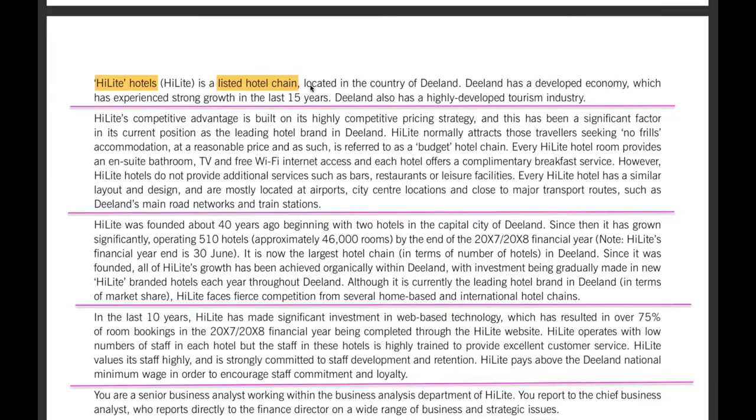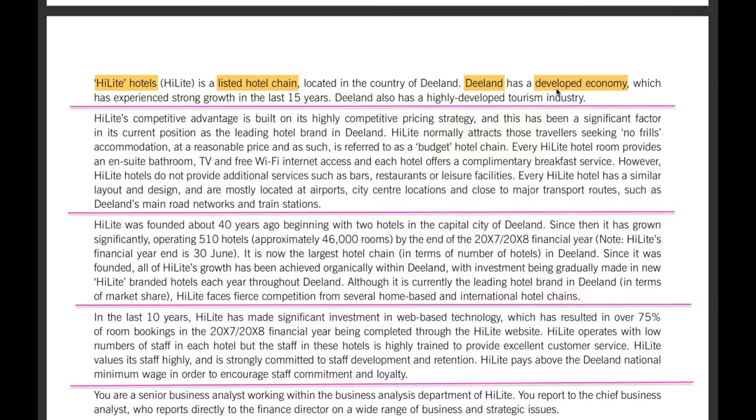It says here it is located in the country of DLAN. And what is important here is that DLAN has a developed economy. This is crucial. It tells you about the background of where this hotel is located, and at least it gives you a rough picture of what kind of country DLAN is.